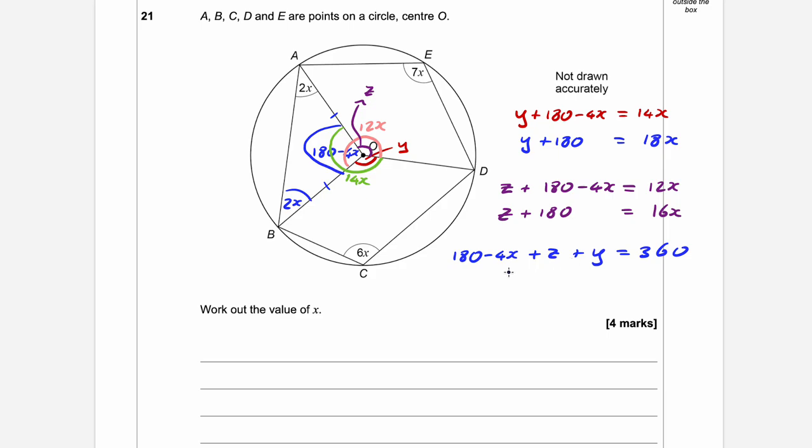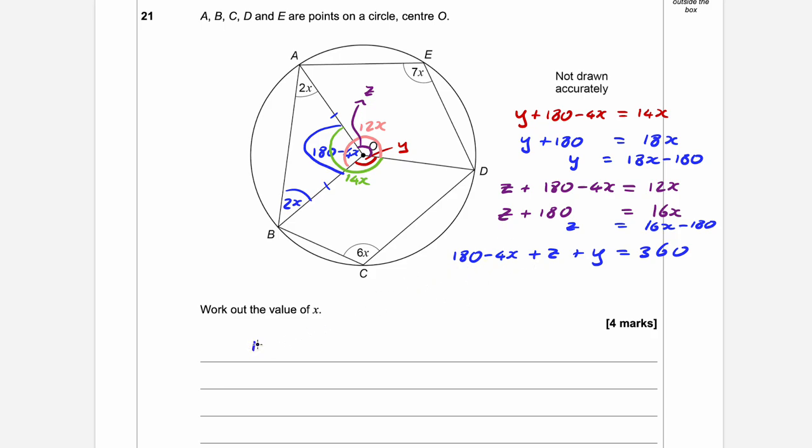Now, I think this is okay because I know y in terms of x is 18x minus 180. I know z, it's 16x minus 180. So why don't I just sub that in here?